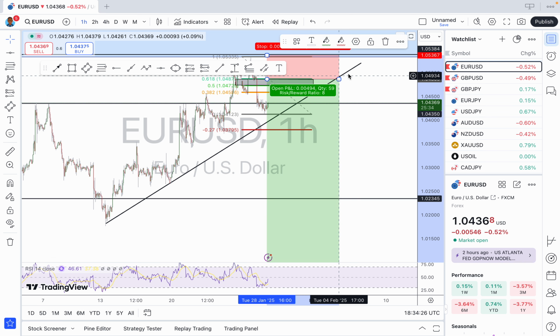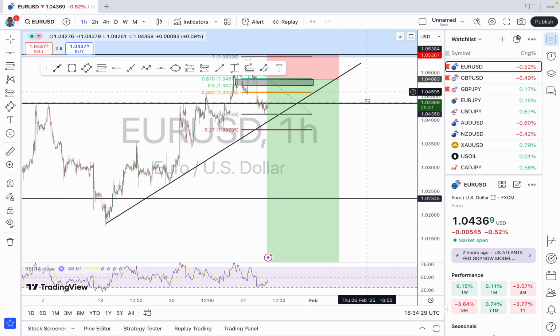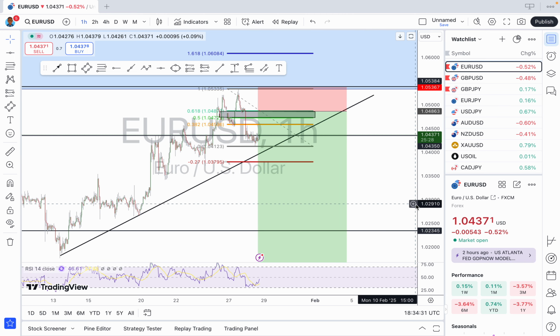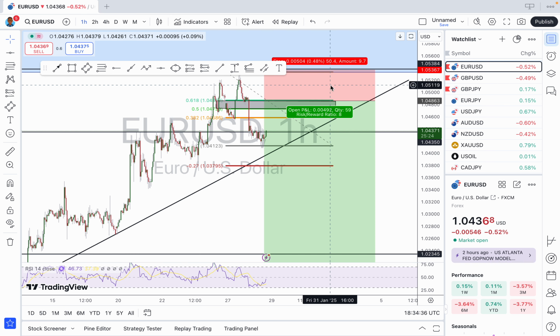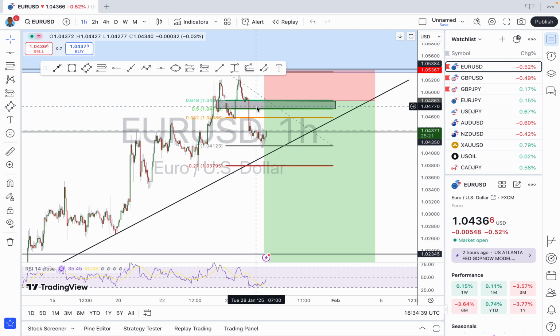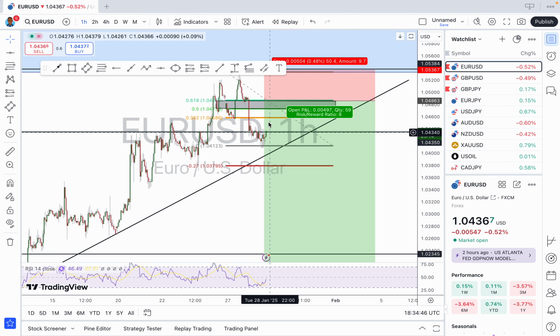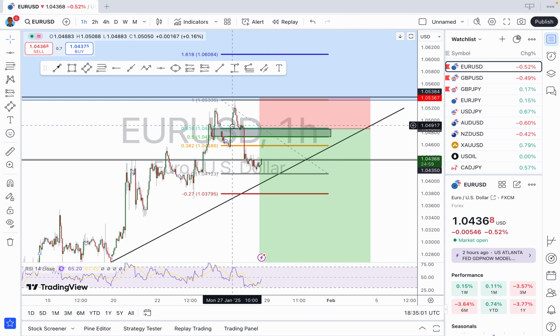So, this would be my ideal positioning for a Euro USD sell trade. Price would pull back into this region, and then, fingers crossed, but I mean, this is the fib tool we are talking about here.